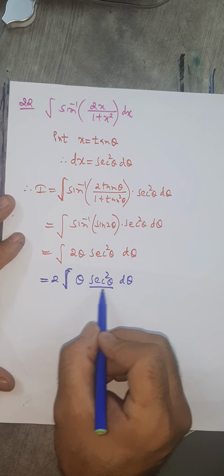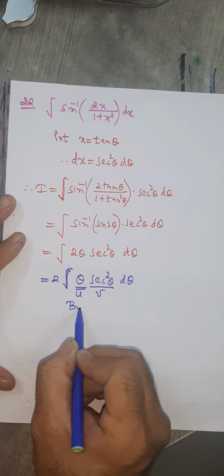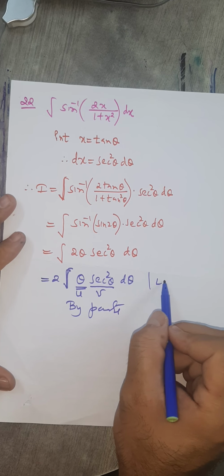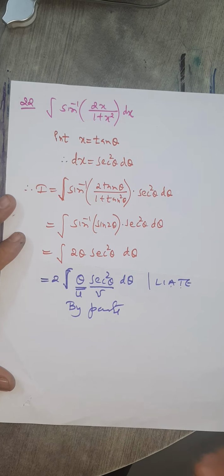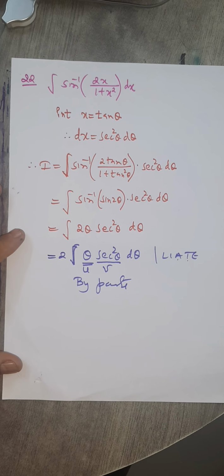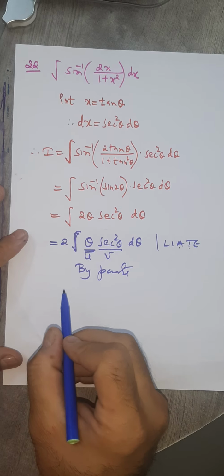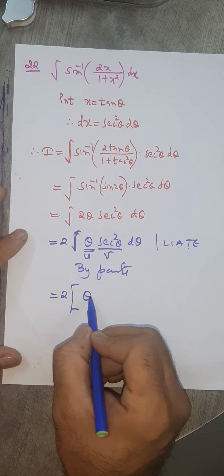You can integrate this very easily. So this should be v and this should be u, and we use by parts. This is algebraic, this is trigo. You see your algebraic comes first and then trigo. Okay. So now we are using parts here. So 2 as it is. Theta will come outside.